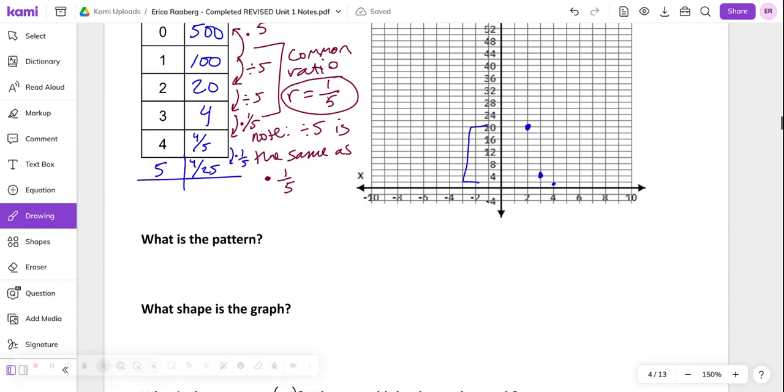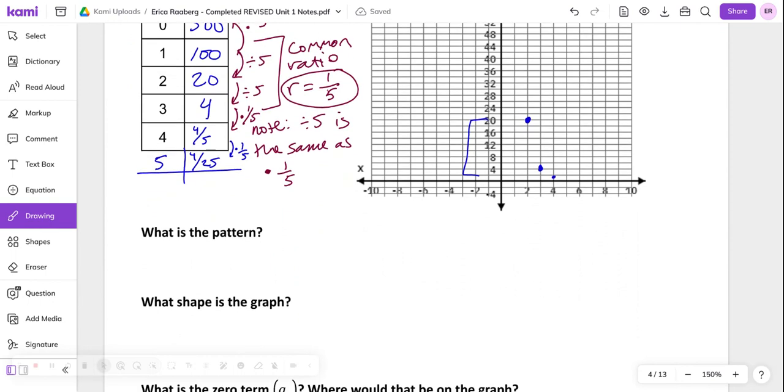All right, and then let's see, what is the pattern? So we're going to multiply by 1/5 to get the next term value.